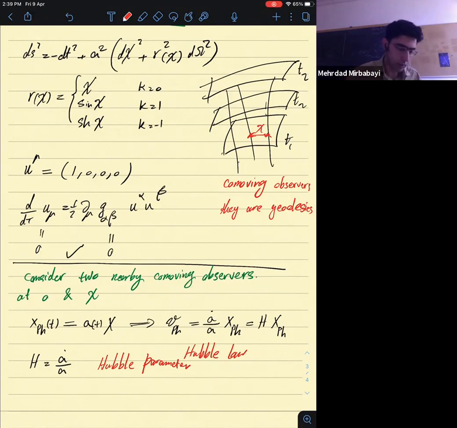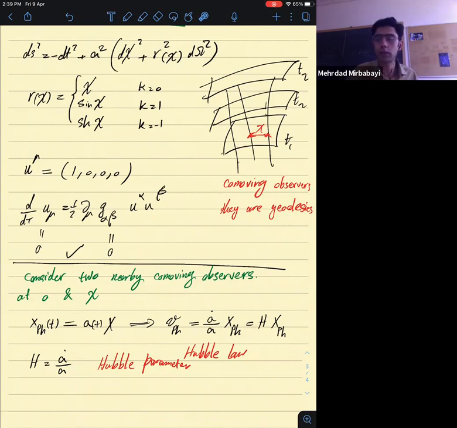So this is a quantity which has dimension in natural units. When we set c to 1, this has dimension of 1 over length, right? Velocity is dimensionless. Therefore, H has a dimension of 1 over length, or 1 over time from here. However, now if we don't go to the natural units, then it has a dimension of velocity over distance.